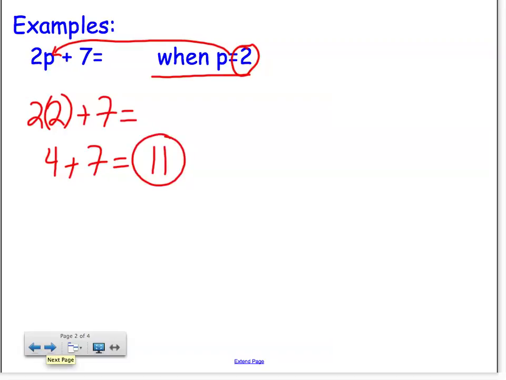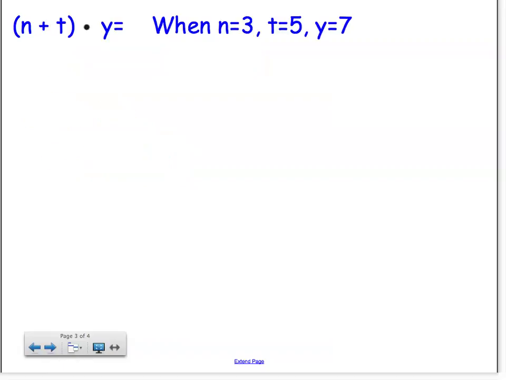Still pretty simple, but you have to remember that there are multi-steps and that we're going through a lot of things. All right, as we move on, you'll start seeing that there are multiple values to plug in. So we see n plus t times y, when n is equal to 3, t is equal to 5, and y is equal to 7.